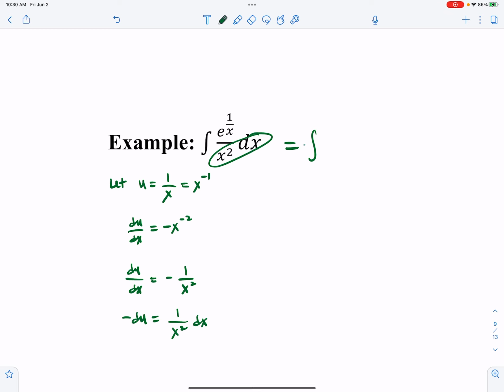I can pull that negative 1 out front of the integral, e to the u du. And then the integral of e to the u is just e to the u. So negative e to the u plus c equals negative e to the 1 over x plus c.